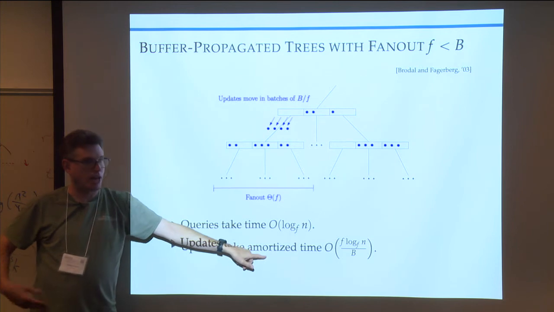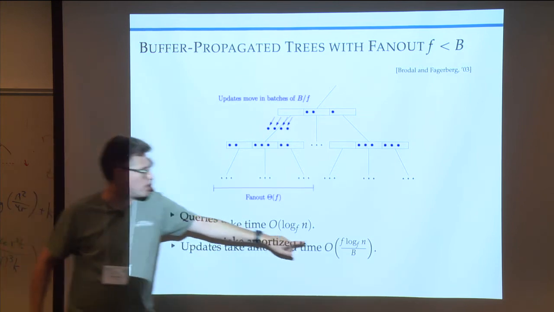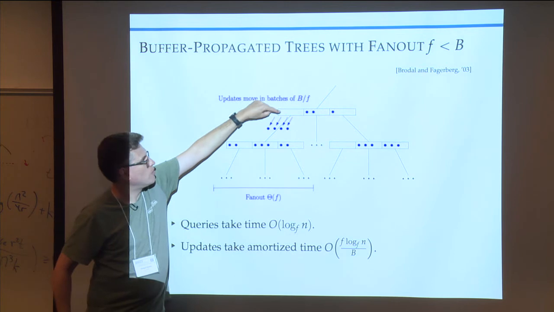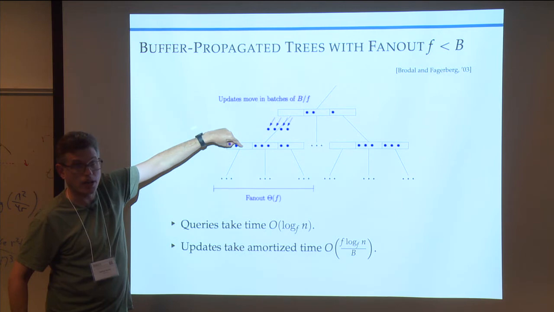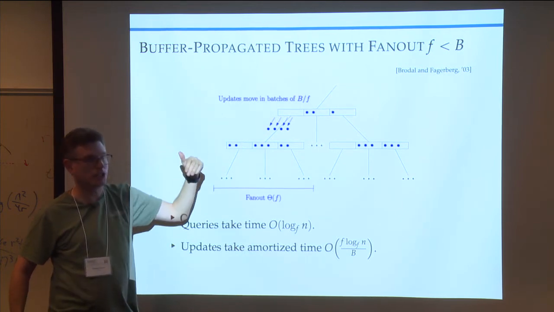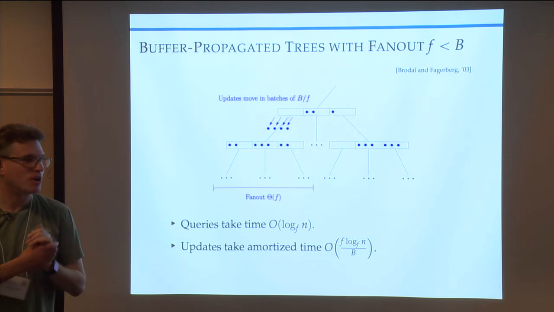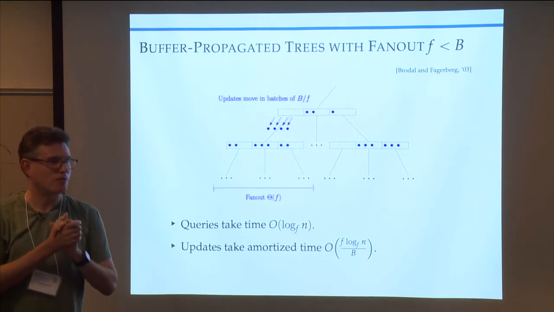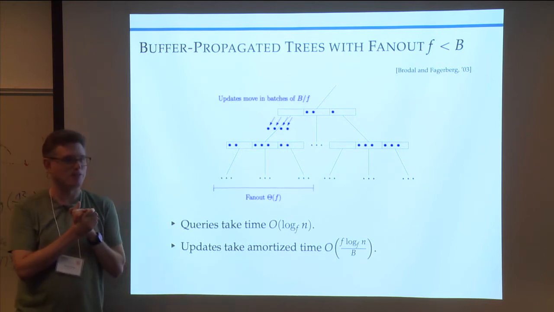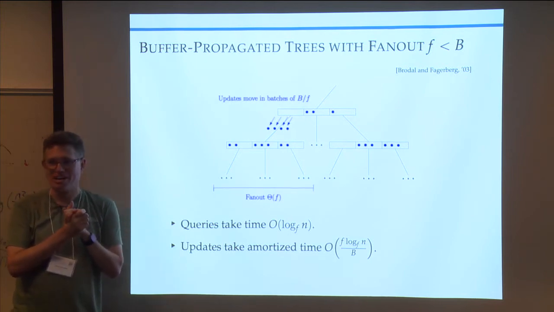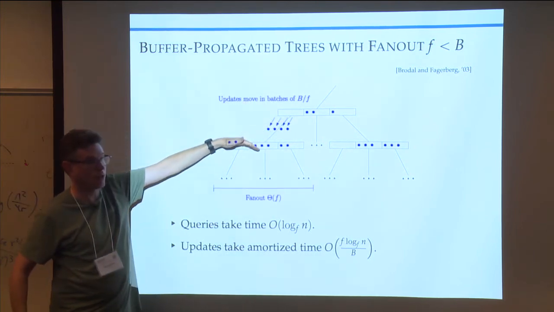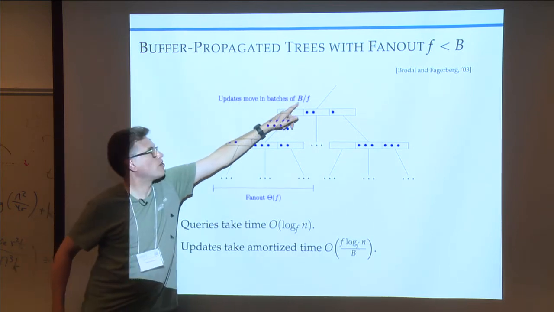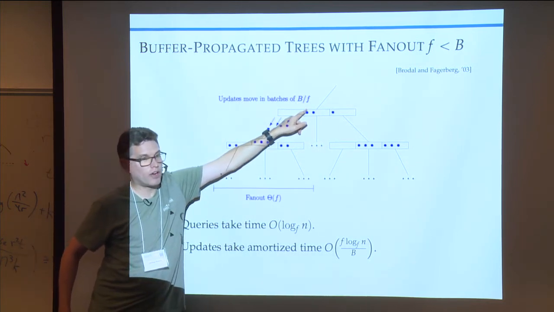But updates, insertions and deletions are faster because every time we flush an element from one level of the tree down to the next level, it doesn't get flushed alone. We're not sending, as Martin said, a pen directly from your favorite fountain pen store all the way to you. We're filling a truck full of fountain pens and sending them all to you. So every time you flush a node down one level of the tree, it gets flushed with B divided by F other elements.